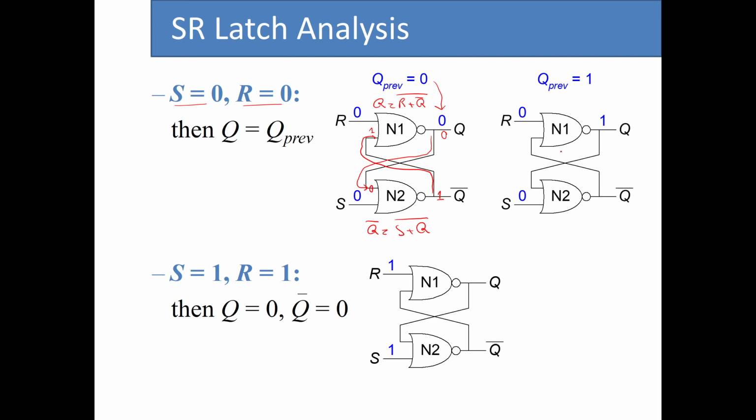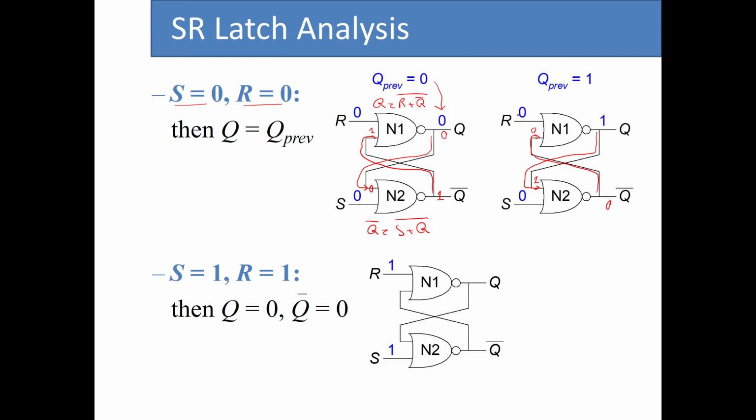In this case, again, we cannot say anything about the output of these two just by knowing S and R to be 0. But since we assume Q is 1, this value is going to be delivered to this input for the N2 gate. So now we have 1 and 0 as the two inputs of this NOR gate. So 1 NOR 0 is going to be 0. This 0 is now delivered as the second input of the first NOR gate, and 1.